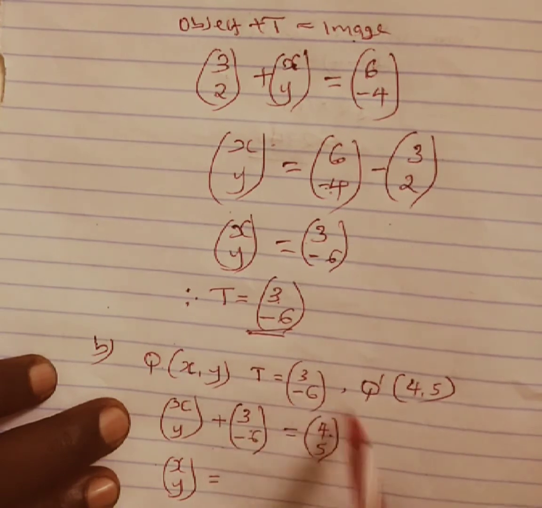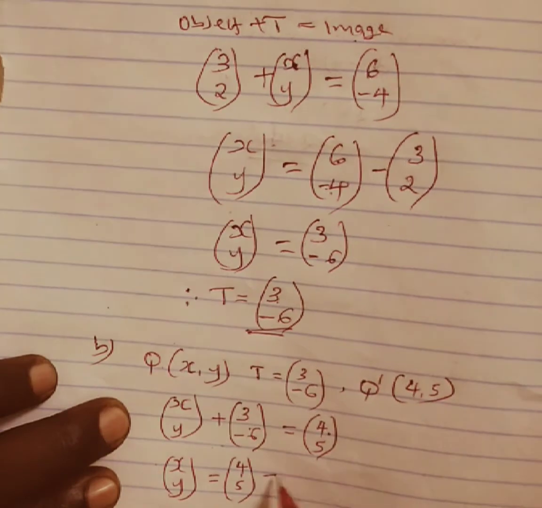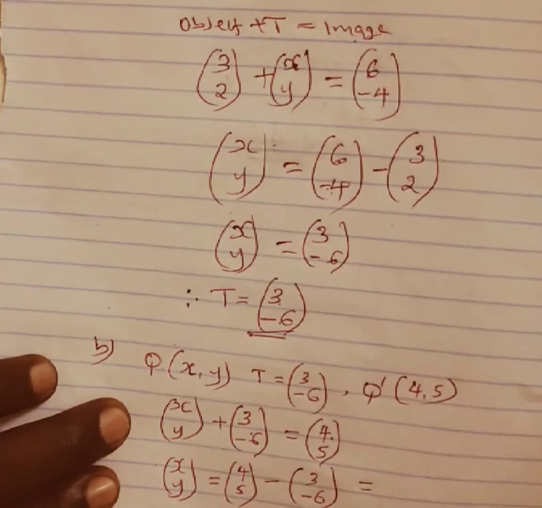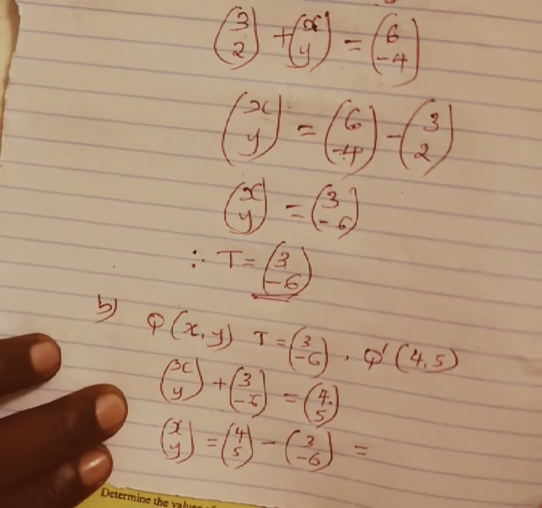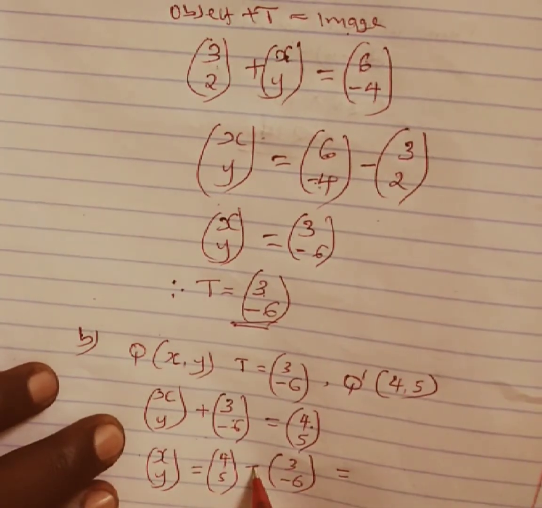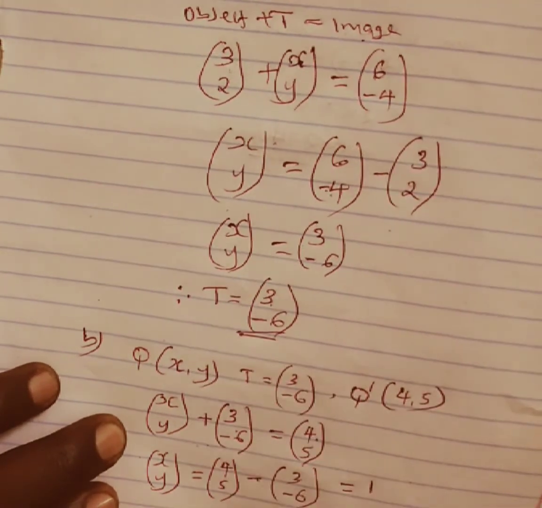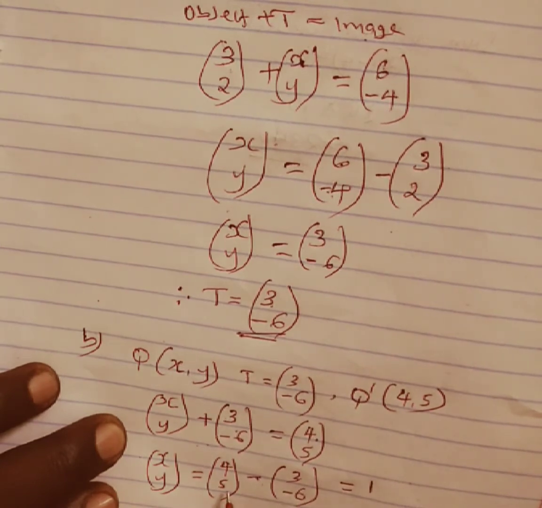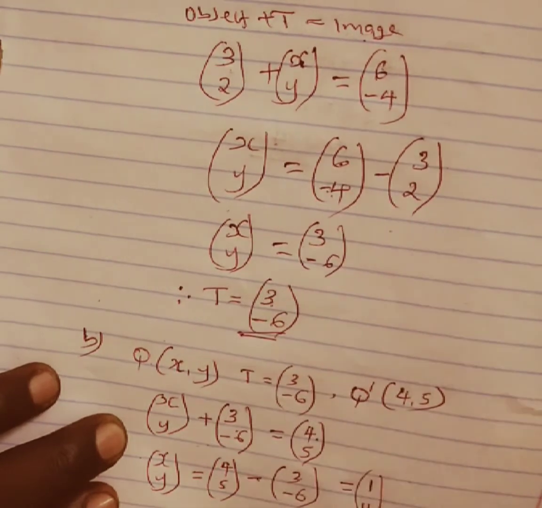In this case, if we take this to the other side, we are going to have 4, 5 minus 3, negative 6, and this is going to give us 4 minus 3, which is 1, and 5 minus negative 6, it is the same as 5 plus 6, which will give us positive 11.